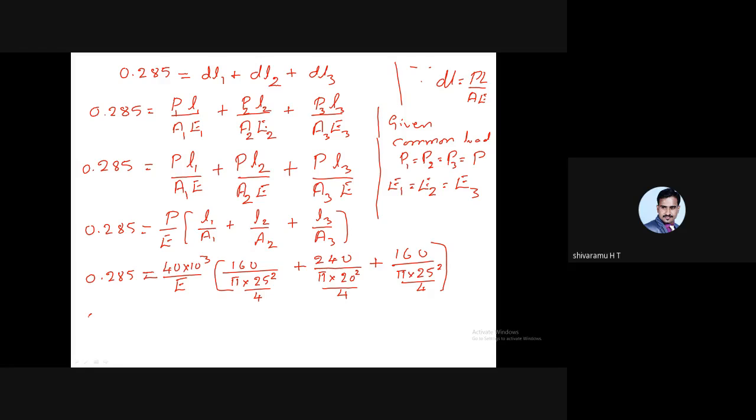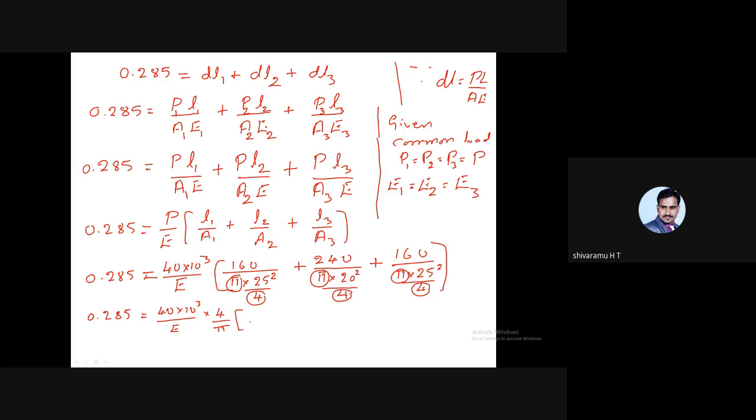So here 0.285 is equal to 40 into 10 power 3 divided by E, and here pi and the 4 are common in all the three sections, so we can take them out. The 4 will go to the numerator and pi will be in the denominator.